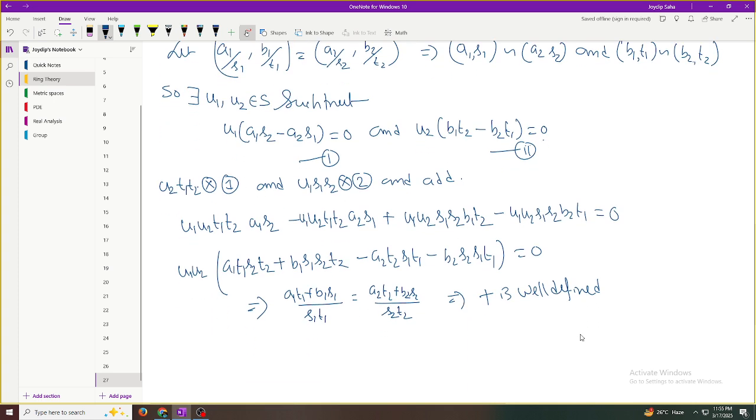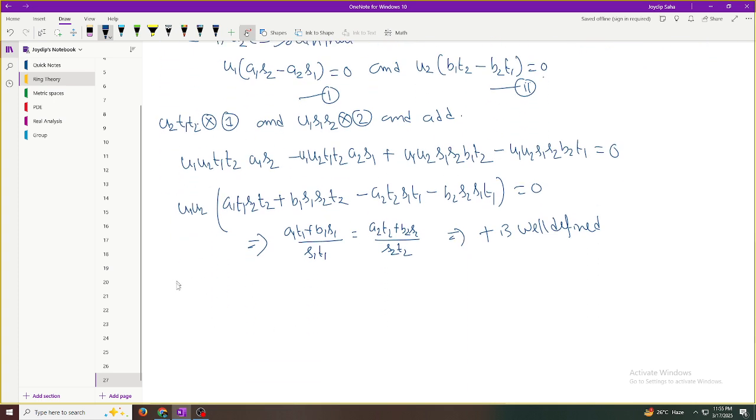Similarly you can check that dot is also well defined.